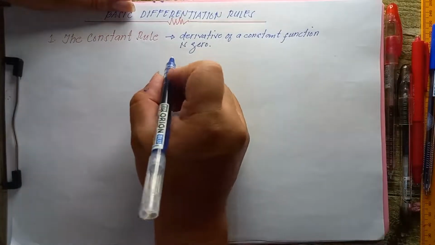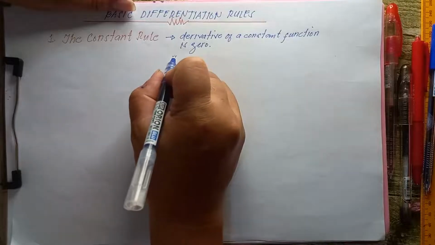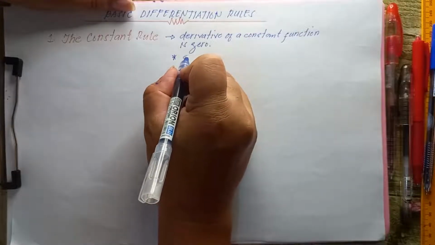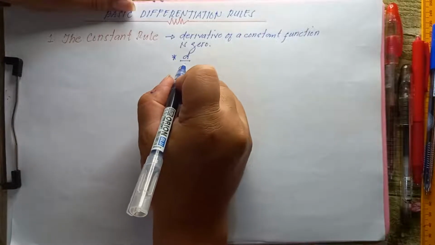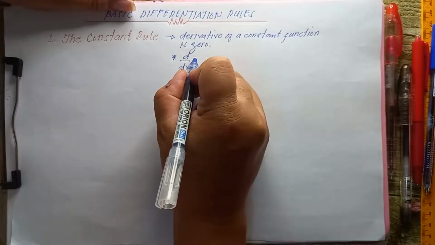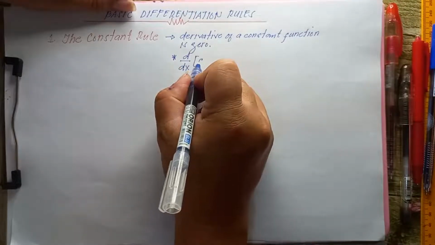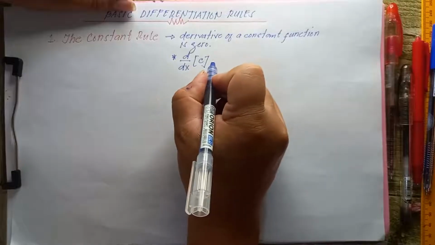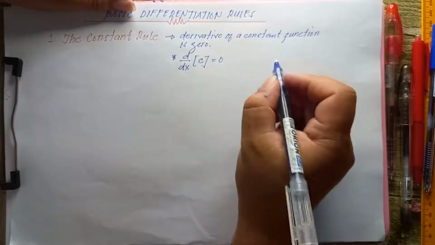Definitely, when we are going to have the notation of this one, this can be written as d over dx of c, which is the same as 0.